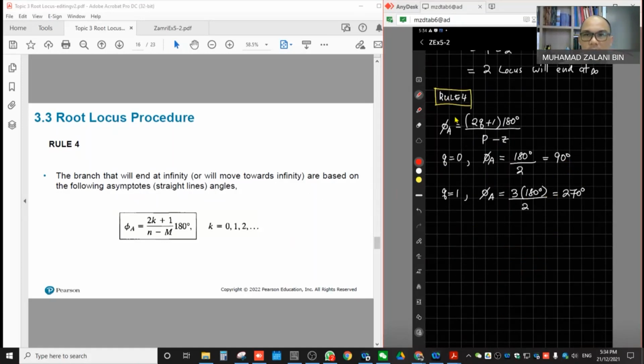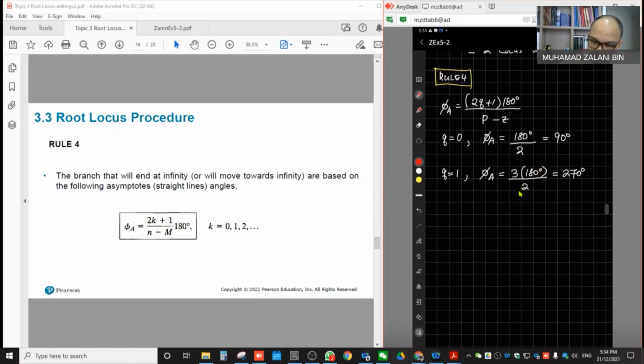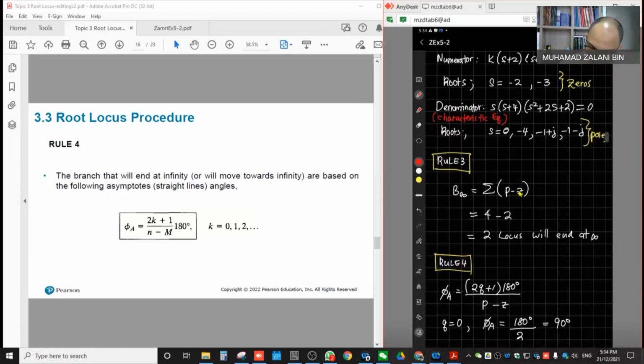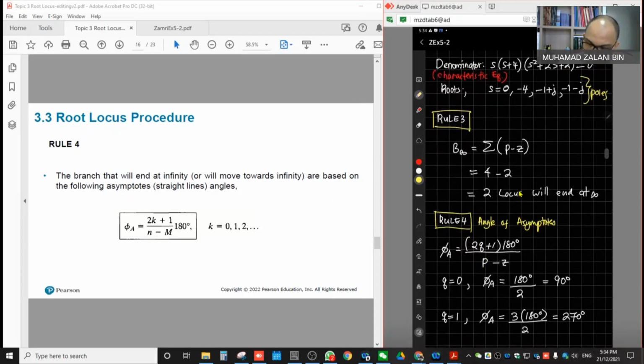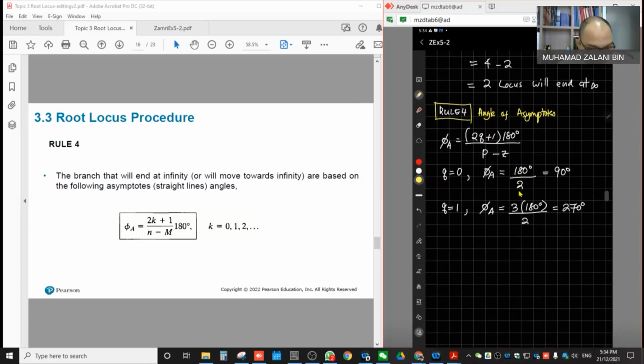So we are done with rule number 4, finding the angle of asymptotes.